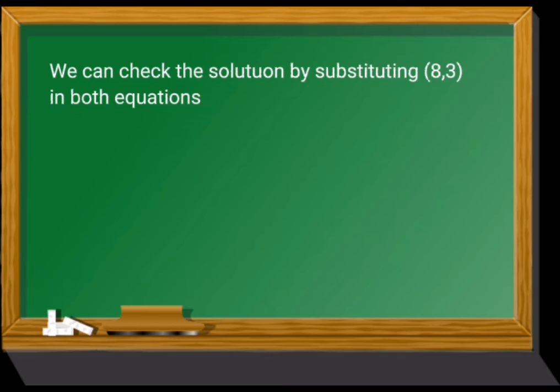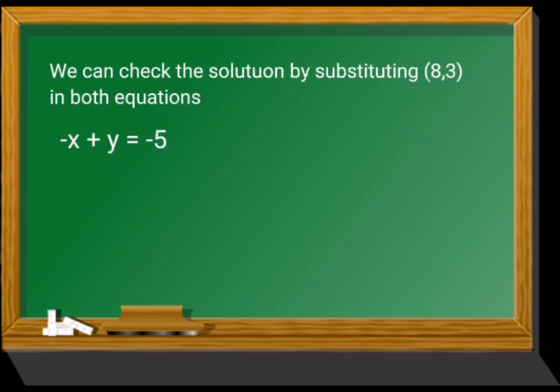Alright, so now let me show you how to check an ordered pair and see if it's a solution to a system of linear equations in two variables. So we have negative x plus y equals negative 5, and we want to check the ordered pair (8, 3).